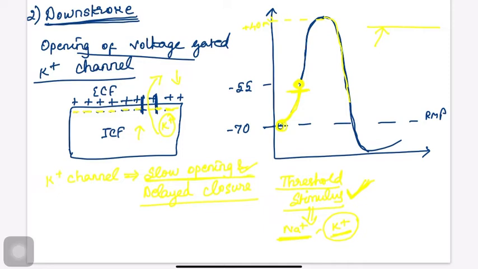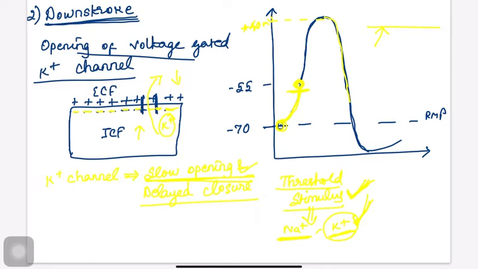Potassium channels are slow opening, and they open only when the membrane potential reaches plus 40 millivolt. As soon as the threshold stimulus is given, the potassium channel should have opened, but it has not. Only when the membrane potential reaches plus 40 millivolt are the potassium channels opened.